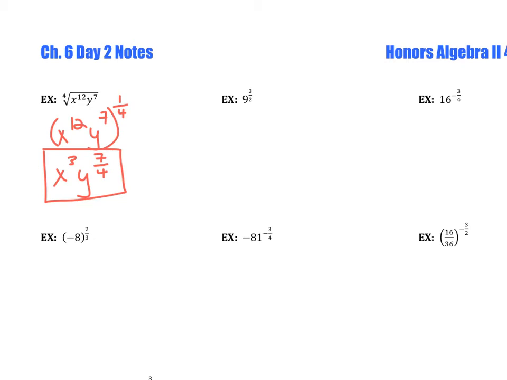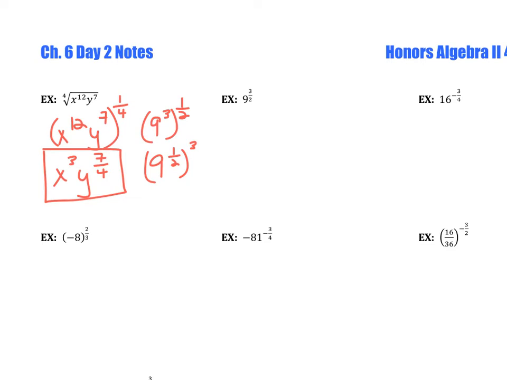Here's what I mean. We have the option of writing 9 to the 3/2 as either 9 cubed raised to the 1/2, keeping in mind 3 times 1/2 is 3/2, or we could write it as 9 to the 1/2 cubed, again keeping in mind that 1/2 times 3 is 3/2. So both of those are rewritings of 9 to the 3/2.